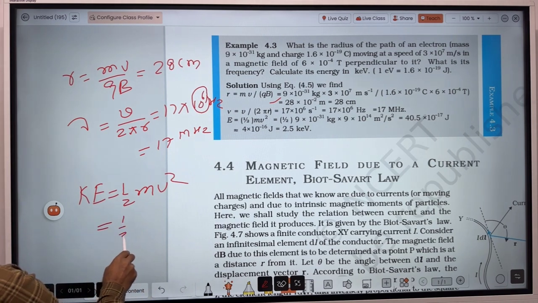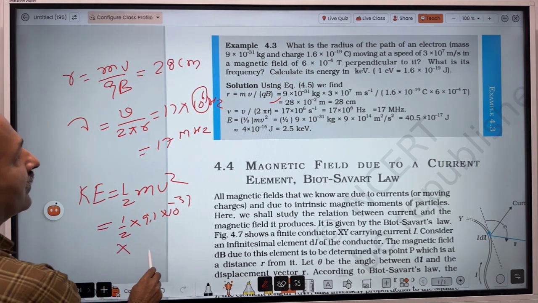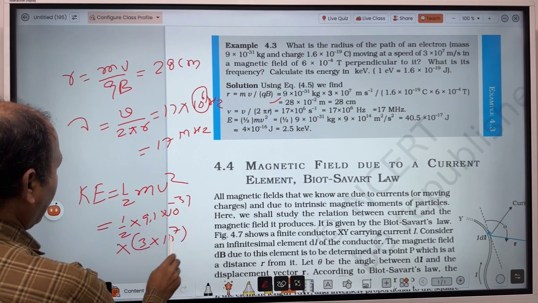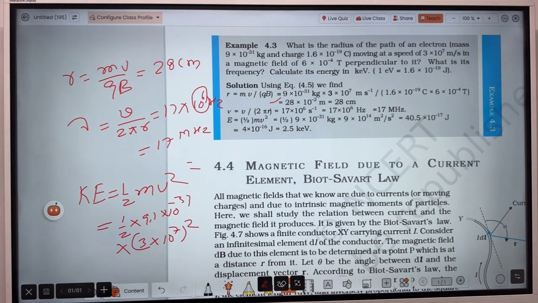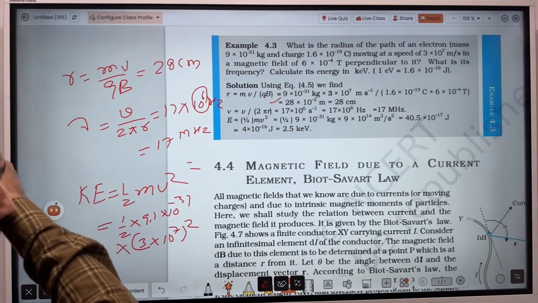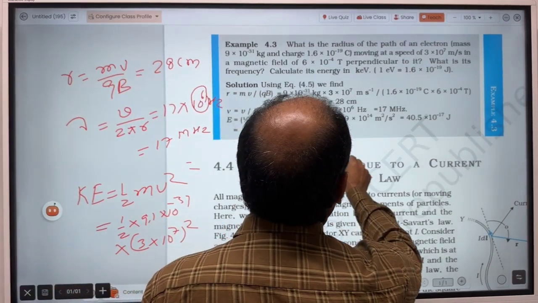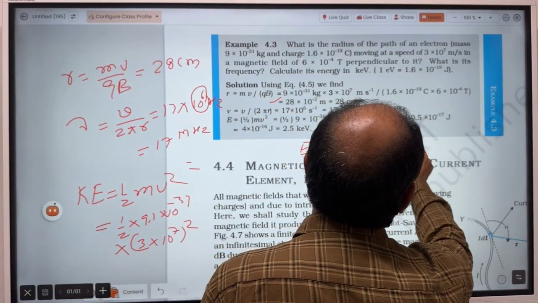So 1 by 2, mass of electron 9.1 into 10 to the power minus 31, into velocity 3 into 10 to the power 7 whole squared. If you evaluate it, it will come out to be 40.5 into 10 power minus 17 joule. So we get energy as 40.5 into 10 to the power minus 17 joule.